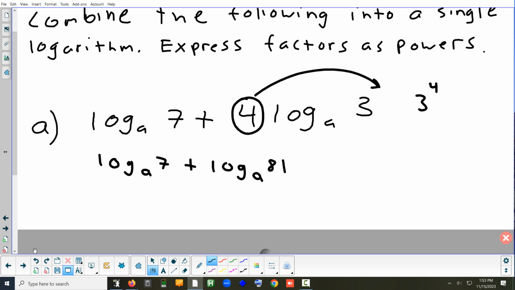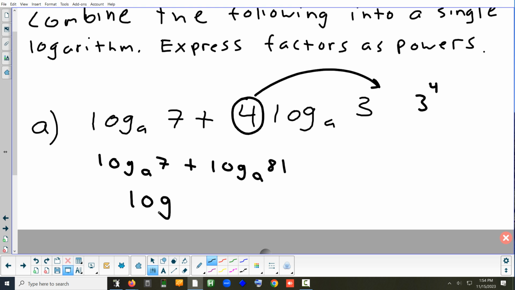Now, the last step is write a single log. If you've got 2 logs written and you're supposed to be combining them, you haven't finished. You should just have the word log once. Do we have to do the exponent, or can we leave it as 3 to the 4th? I want you to do it out. Make 3 to the 4th 81.